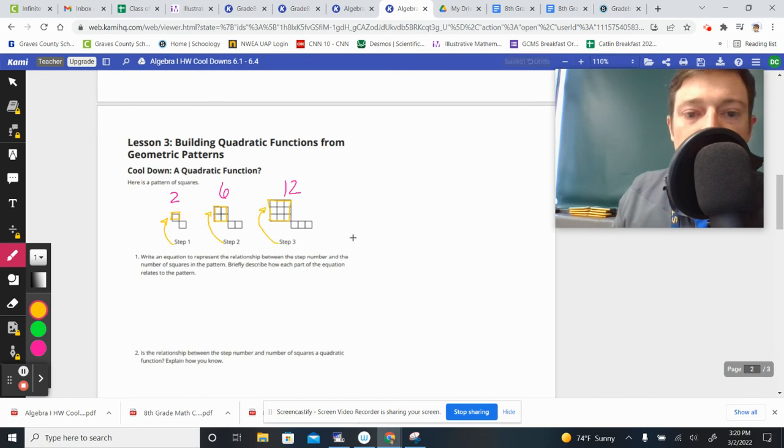So the next one, in step 4, if we were to draw it, would have a 4 by 4 square, which we'll draw real quick. There's a 4 by 4 square. And then instead of tacking on 3 to 1, it looks like they're adding a little row of however many steps that you've done.